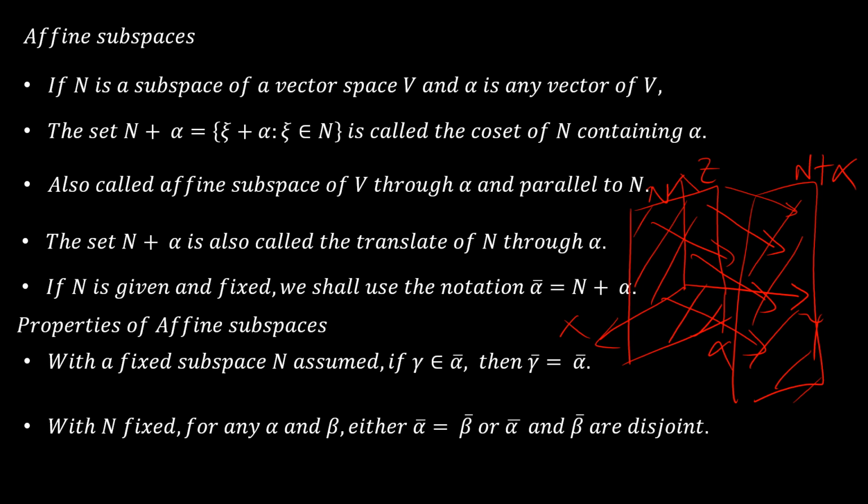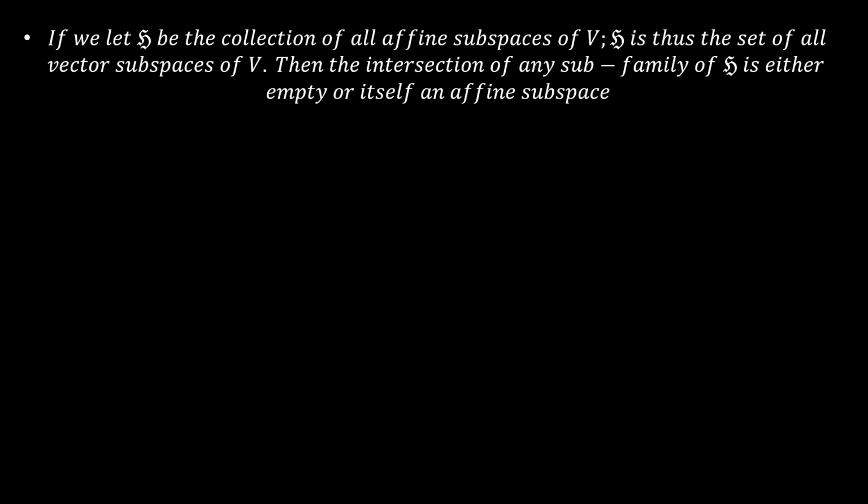So these newly created cosets, or affine subspaces, are either coincident or separate and disjoint. So these are some of the properties. We'll continue looking at other properties as we go along. Let's continue on the properties of affine subspaces.